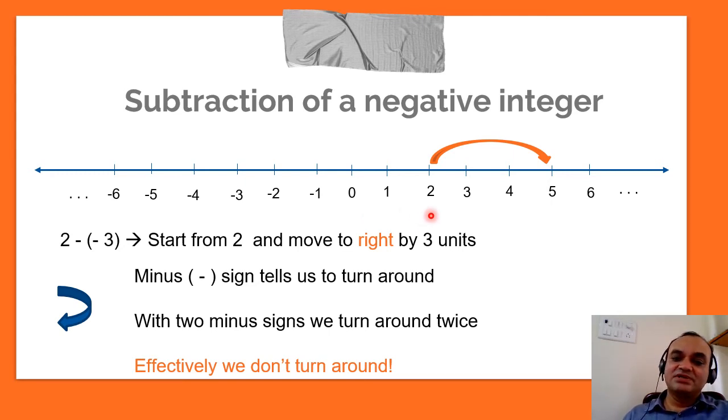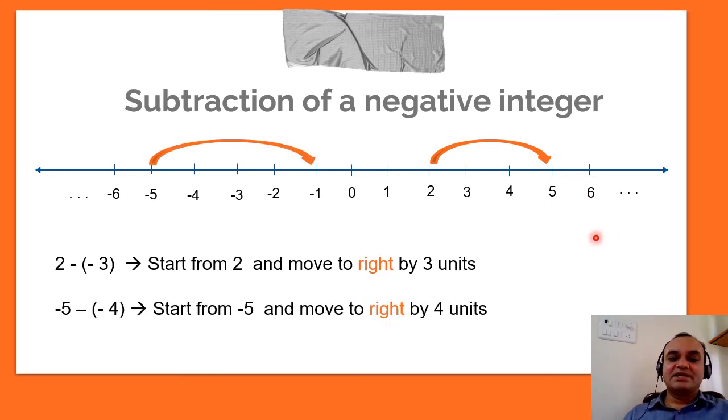So we want to turn around again. So effectively we don't turn around and we just move in the right direction. So we'll basically do 2 plus 3. So we'll do 2, 3, 4, and 5, right? So 2 minus of minus 3 is 5.